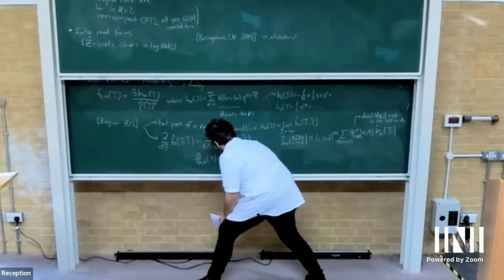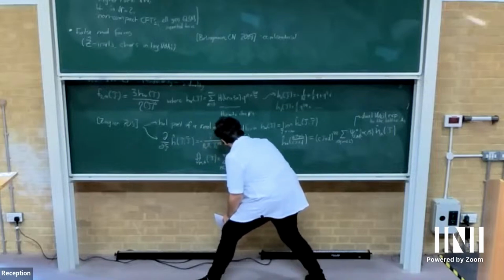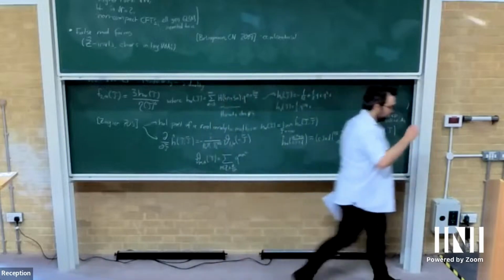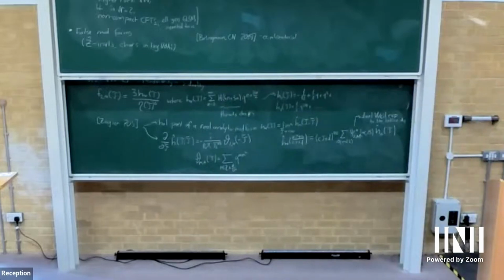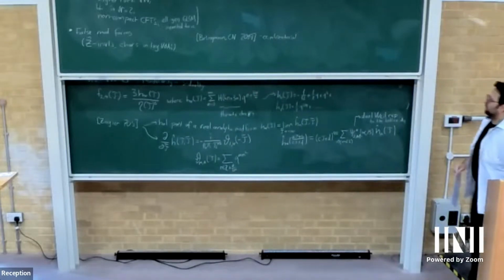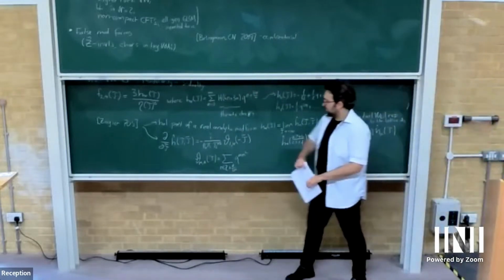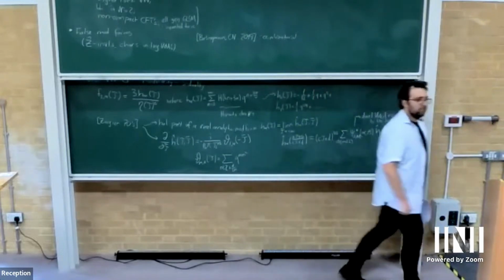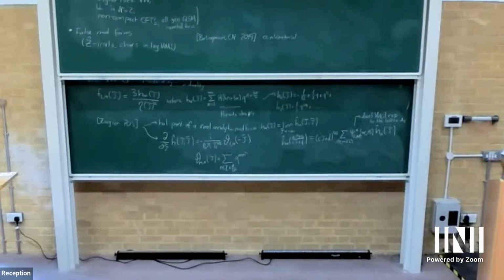So these are theta functions for the one-dimensional lattice with Gram matrix 2M. And these are known to be vector-valued modular forms, classically from Jacobi's work.